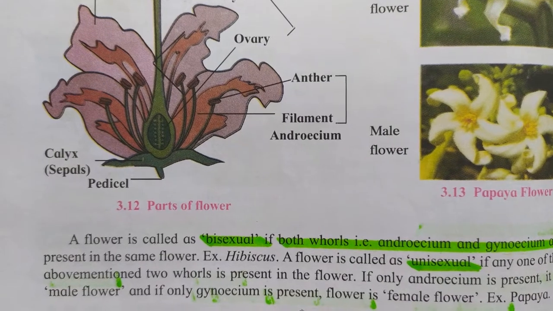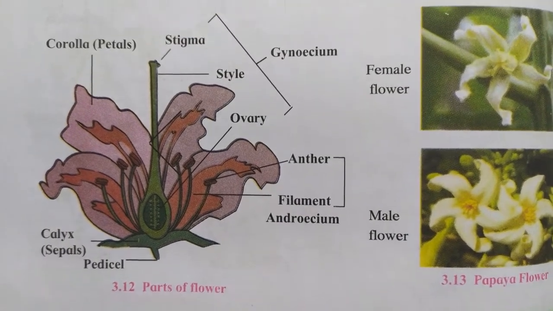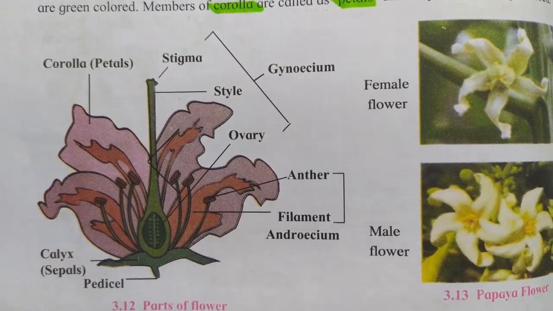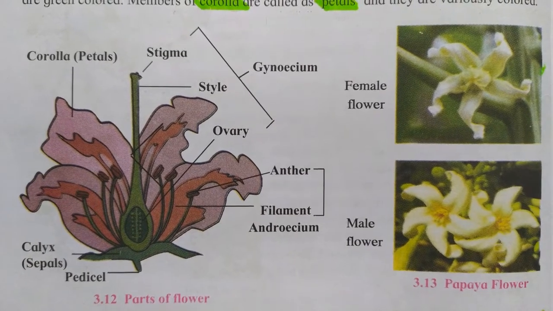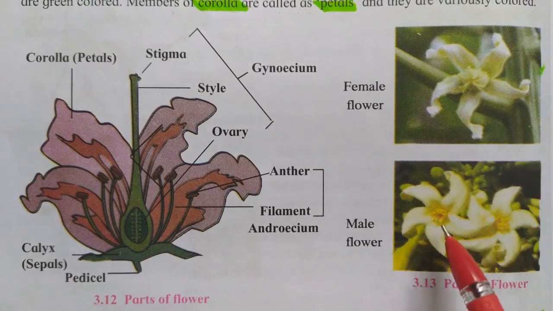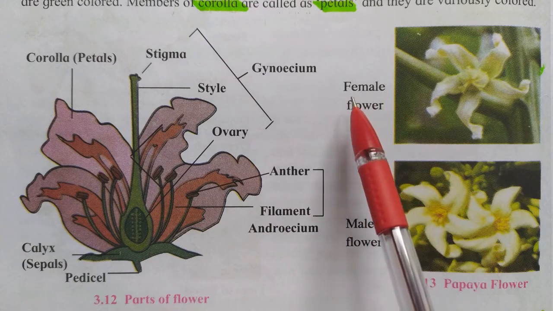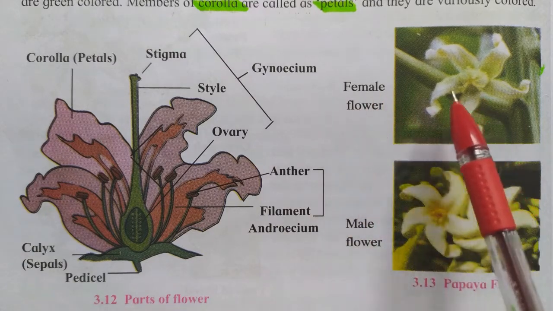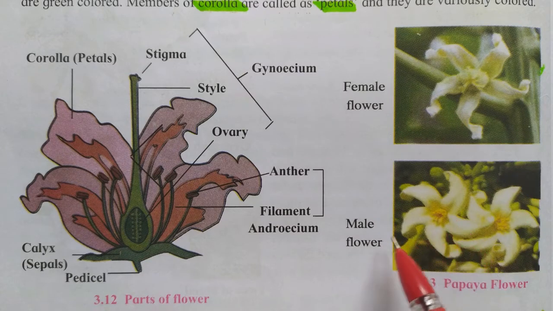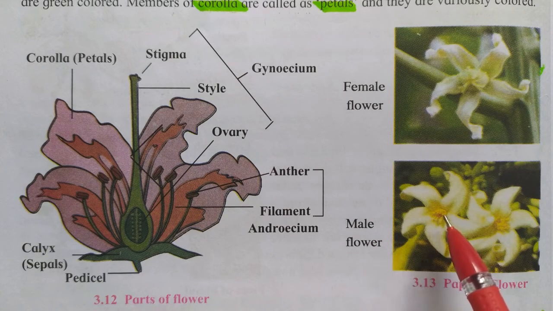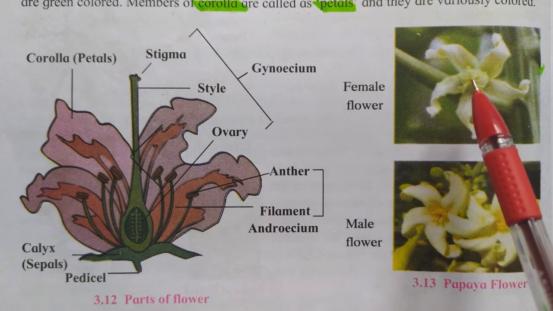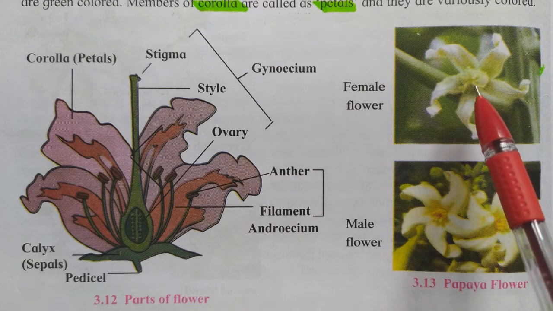In this particular diagram also, you will be able to see both the male and female flowers present in papaya. This flower is the male flower in papaya, whereas this flower is the female flower in papaya. So this male flower has only androecium, whereas this female flower has only gynoecium.